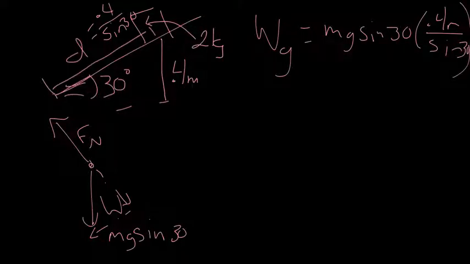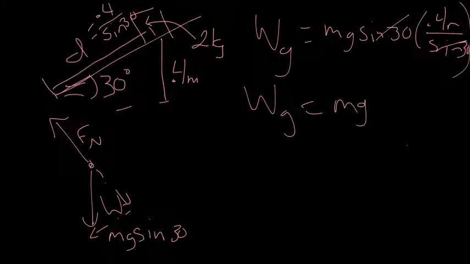Now what you'll notice is, in this equation here, sine of 30 is going to cancel out and divide to be 1. And so we get that it's equal to mg times 0.4 meters. Okay? This is a multiplication. Alright, and so basically, if you multiply the amount of weight times the total height here, you're going to find the amount of work done by gravity as it slides down the ramp.